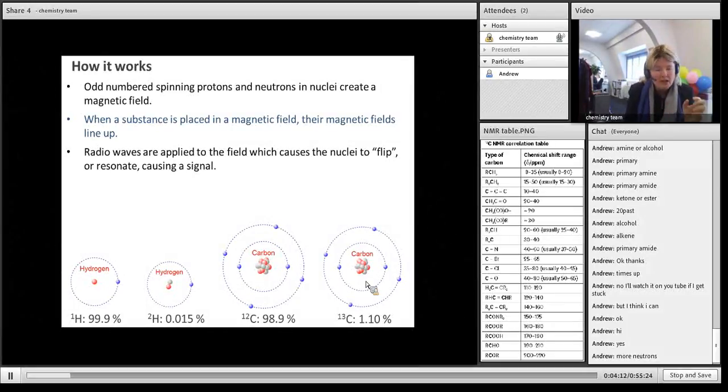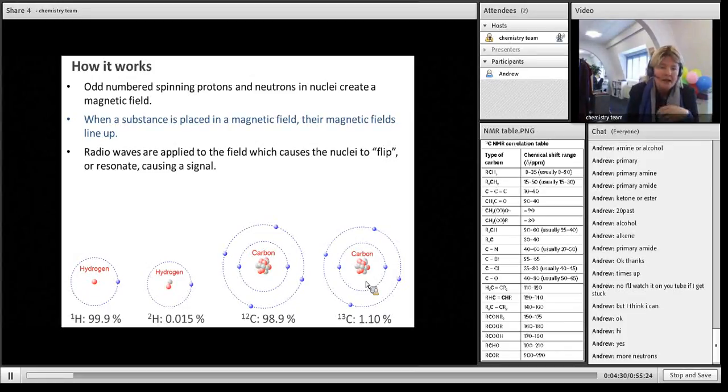That exact energy it needs to flip is going to be registered as a signal. So that's pretty much how it works. It only uses a much lower frequency than what we saw with infrared. This is now in the radio wave, so it's an even longer wavelength, less energetic.